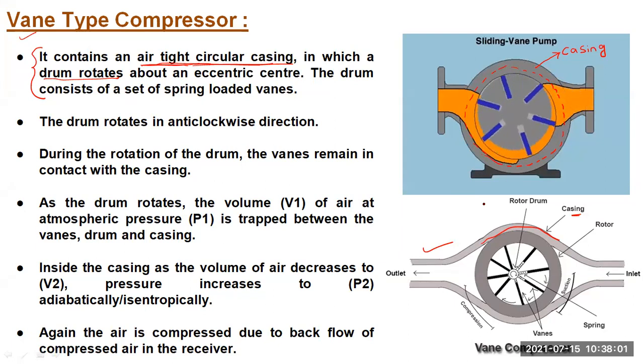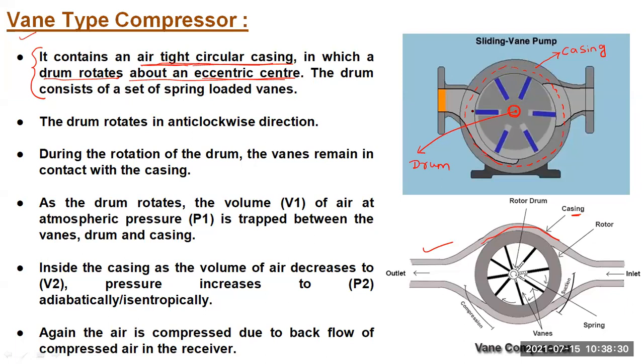You can see this rotating drum, this inner part. Inside this part we have a drum. This drum will rotate about an eccentric center. Eccentric means the center of this casing and the center of this drum will not be the same.